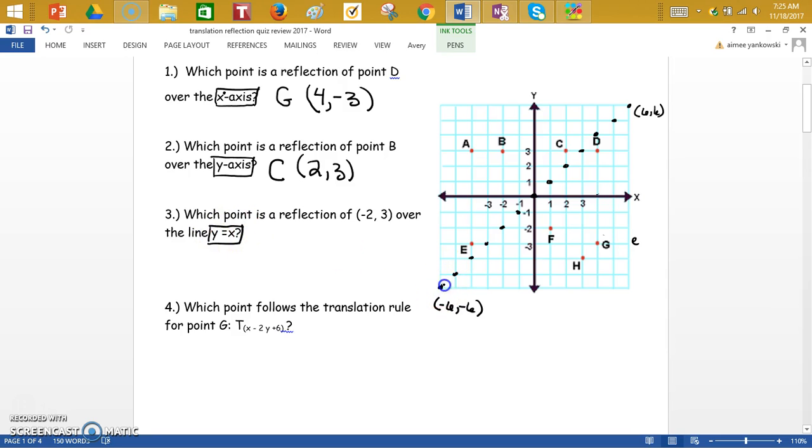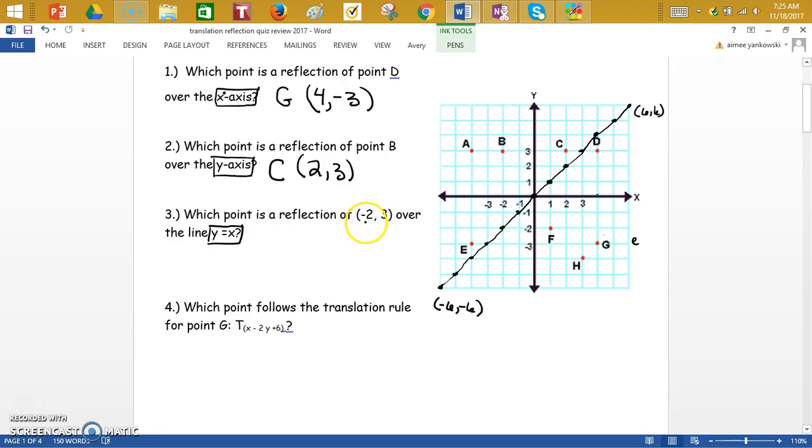I do not have a straight edge at home, but I'm going to do my best to draw in the line y equals x, because that's the line we're reflecting over. And I'd say for all of the reflections you've learned, this one maybe can be a little challenging for students.